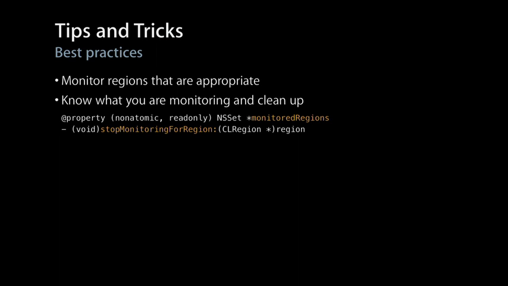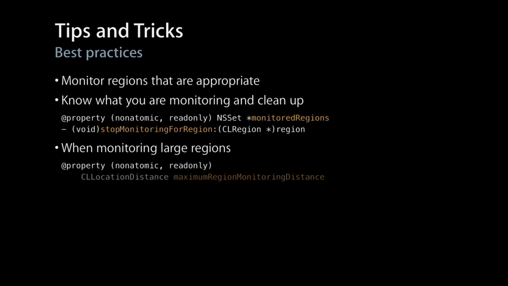Additionally, if you find a region that you don't need to monitor anymore, you can then call stopMonitoringForRegion on the location manager and pass in the CLRegion you want removed. This will free up another spot for another region and ensure that you're not hitting your limit.